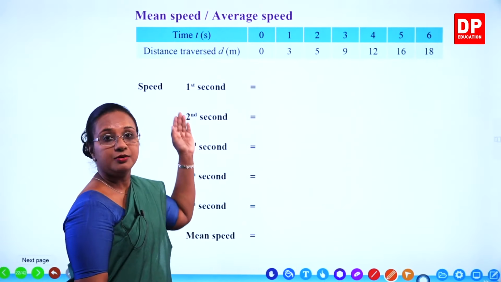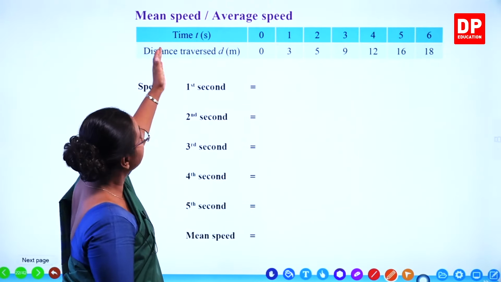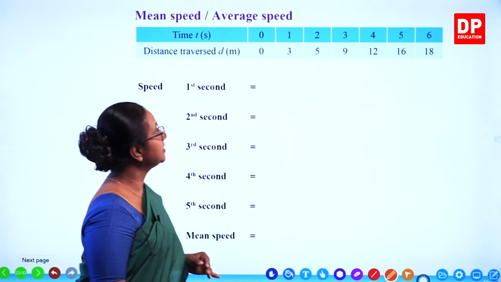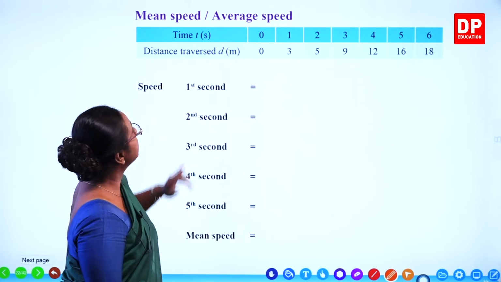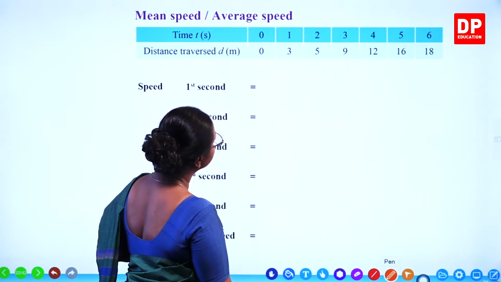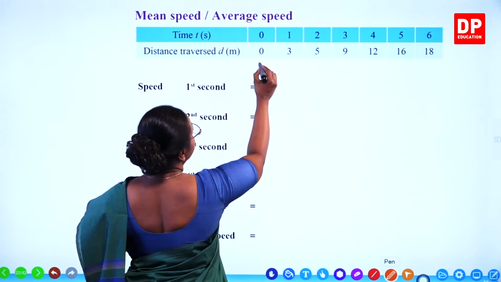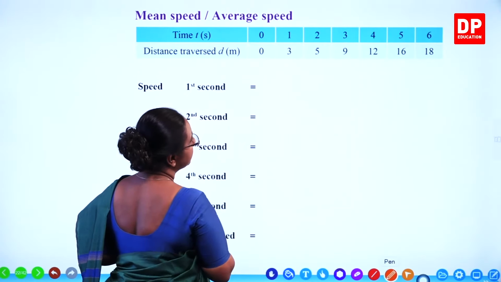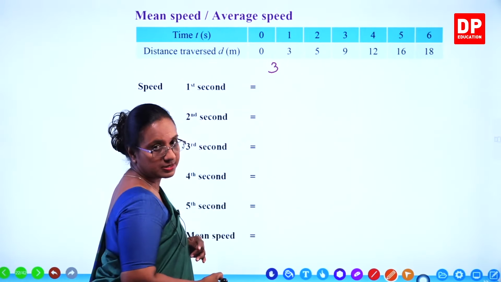So here you can see again a table of data is given to you. The time changes by 1 second starting from 0. But if you look at the distance traversed, you can either draw it in a diagram or just look at the values. From here to here there is a change in distance of 3 meters.